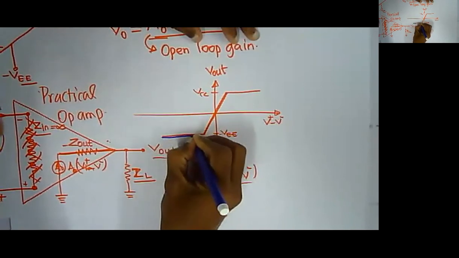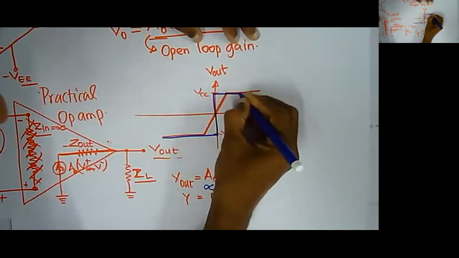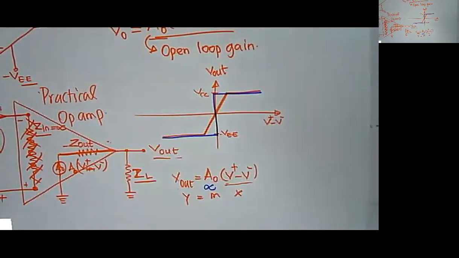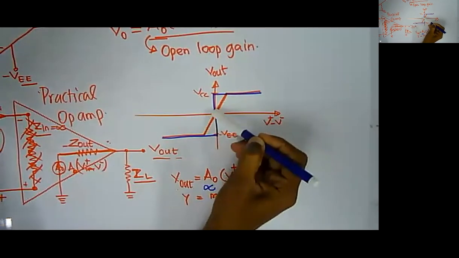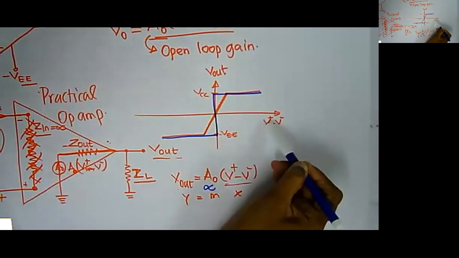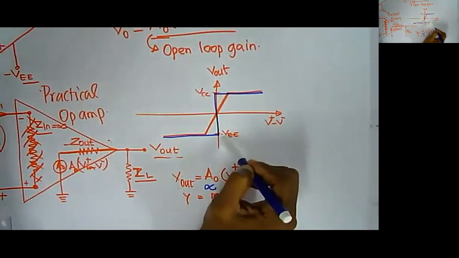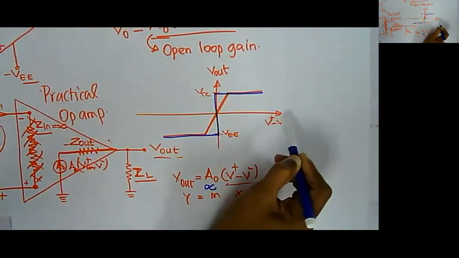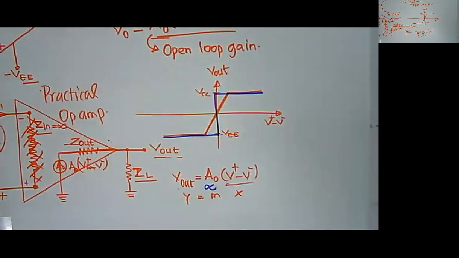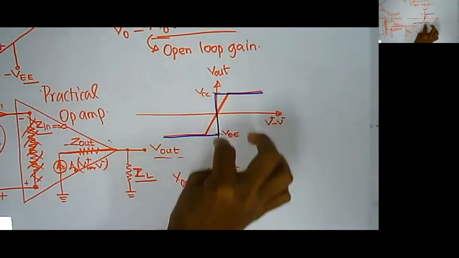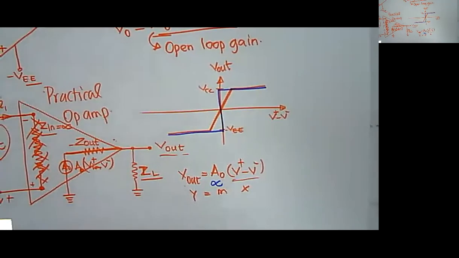If I draw that characteristic curve, it will be something like this, because if V plus is a bit higher than V minus, it could be plus VCC. If V minus is very much higher than V plus, then that could be minus VEE. So this will be the curve of an ideal operational amplifier.